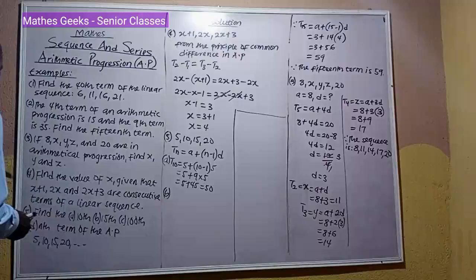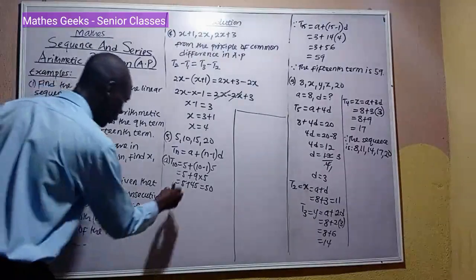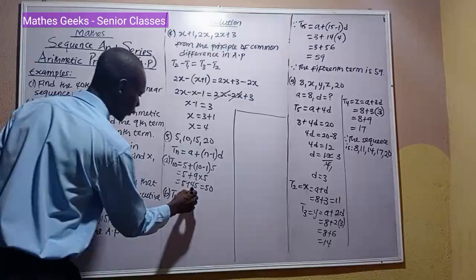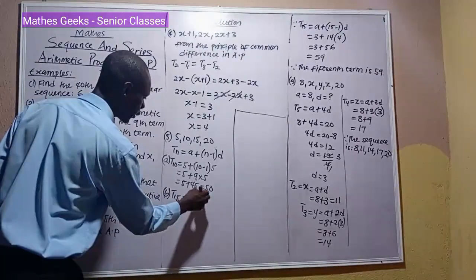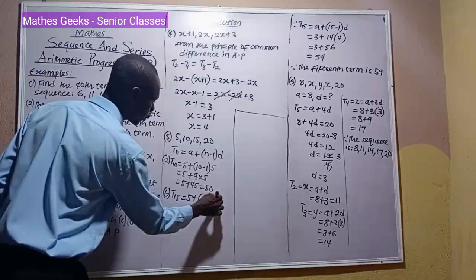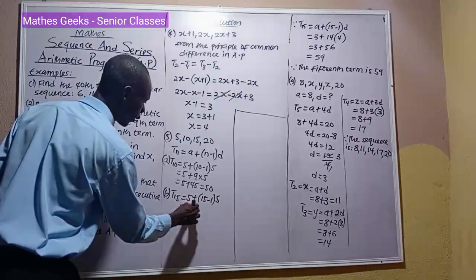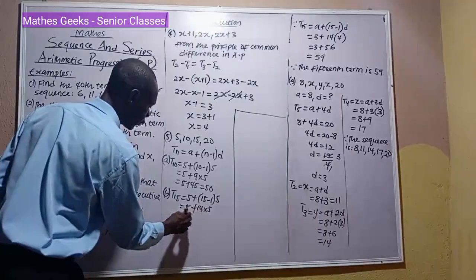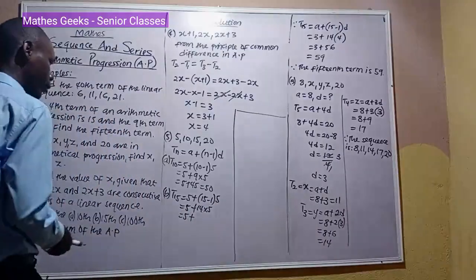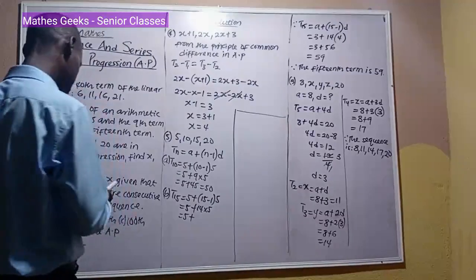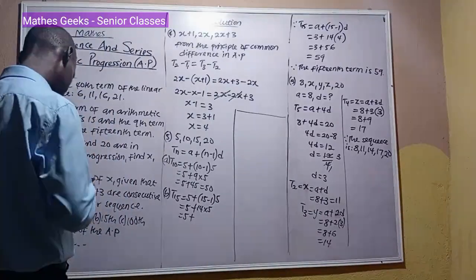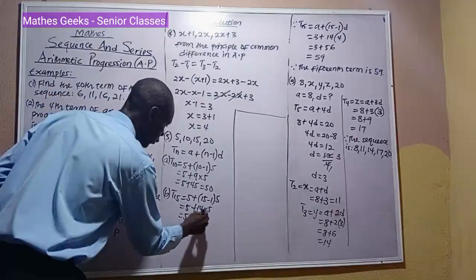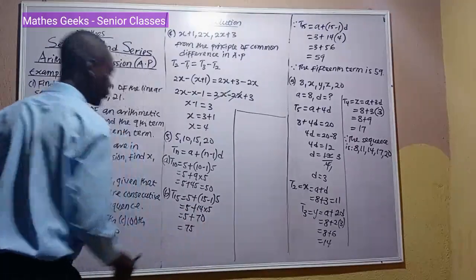B. This is the 15th term. So T15 is equal to 5, which is the first term, plus 15 minus 1 times 5. That's 5 plus 14 times 5. That's 70. And that will give us 75.